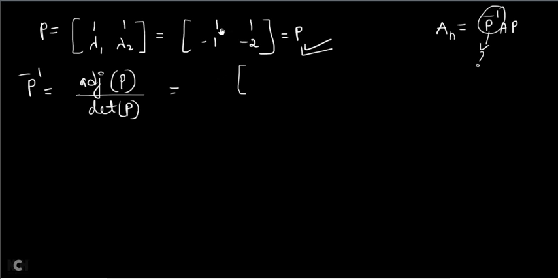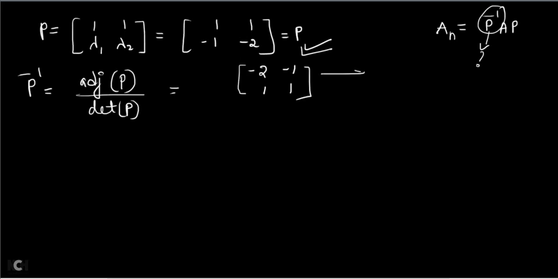Whatever the P matrix is, the principal diagonal you interchange. That means minus 2 you write here, 1 you write here. Okay. Now what you should do for the opposite diagonal? You change the sign. Minus 1 you make it plus 1, plus 1 you make it minus 1. So here you will get a minus 1 and plus 1 here.